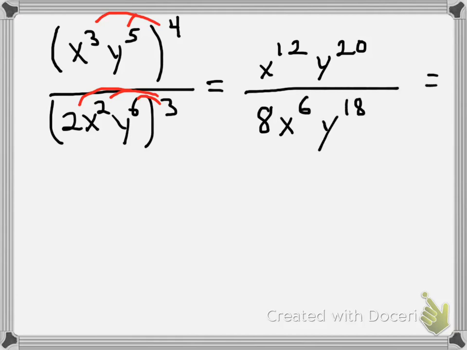So we end up with x to the power of 12 because of the 3 times 4, and then y to the 20 because of the 4 times 5. On the bottom, we end up with 8 because of 2 to the 3. We end up with x to the 6 because of 3 times 2, and we end up with y to the 18th because of 3 times 6.